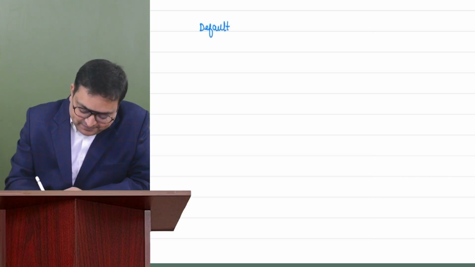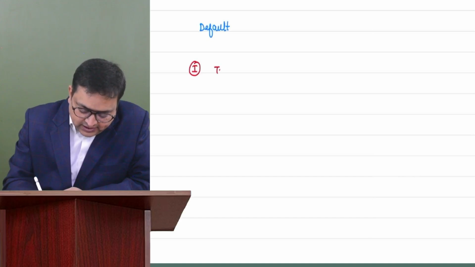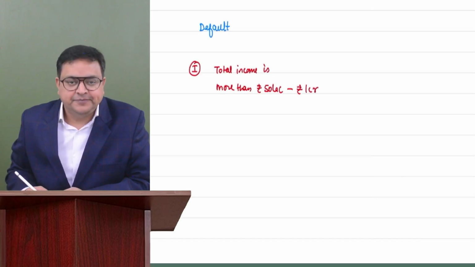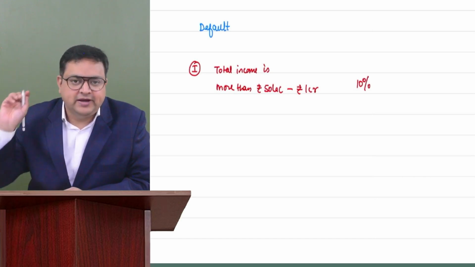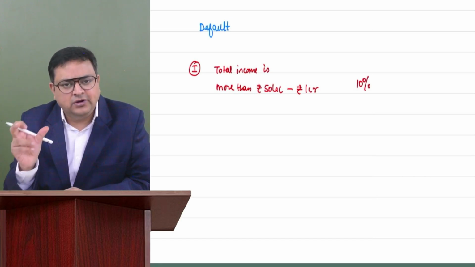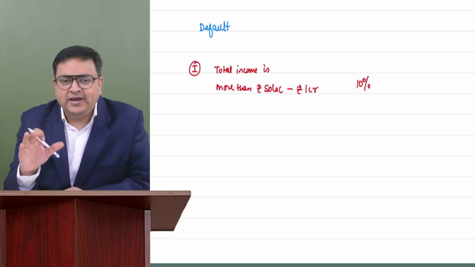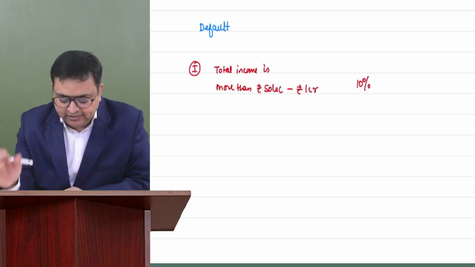The people who are rich assessees, whose total income is more than 50 lakh but up to 1 crore, the surcharge rate applicable would be 10% on your tax amount, right? So up to 50 lakh, no surcharge, but if it is more than 50 lakh, then surcharge would be applicable. More than 50 lakh to 1 crore, 10%.